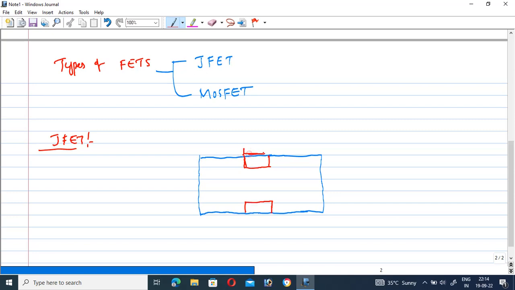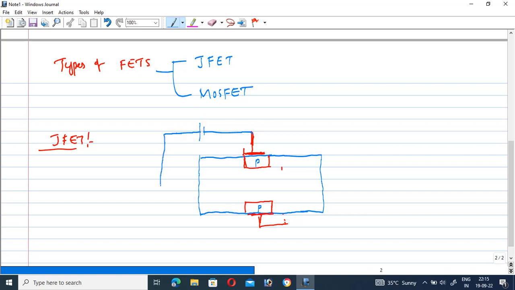This is the contact. This device is also internally connected to this one. This is a P-type semiconductor material, and it is connected to VGS, with negative and positive terminals.